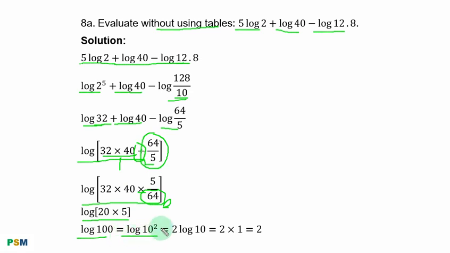By power law, 2 comes back to multiply. The base here is 10. Log 10 base 10 is 1. So you have 2 times 1 equal to 2.